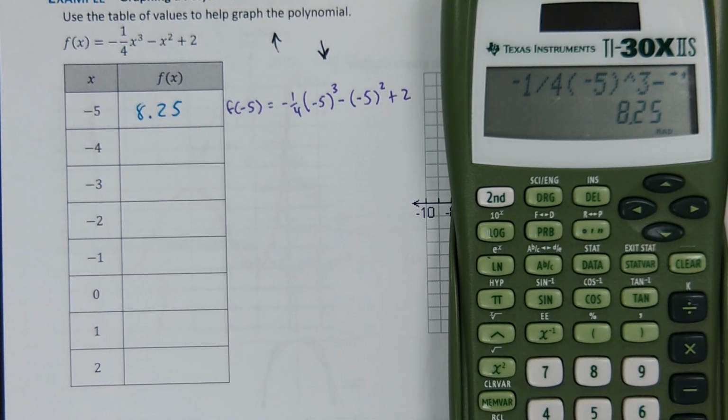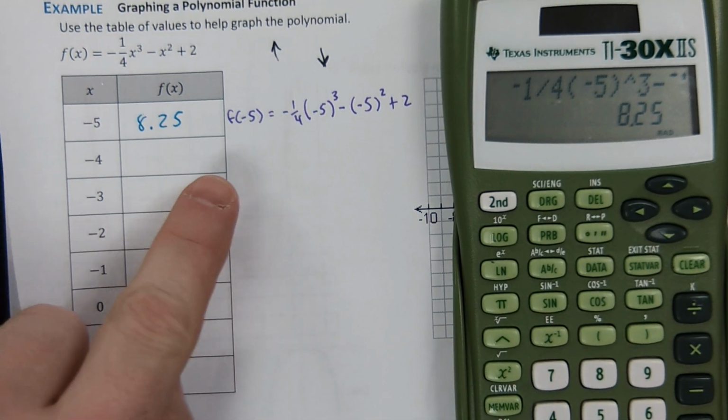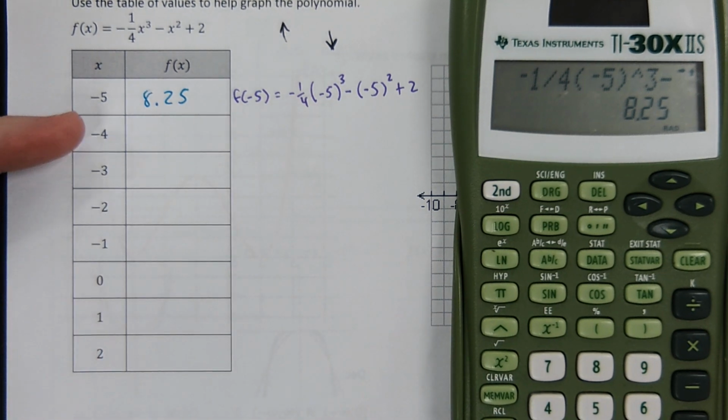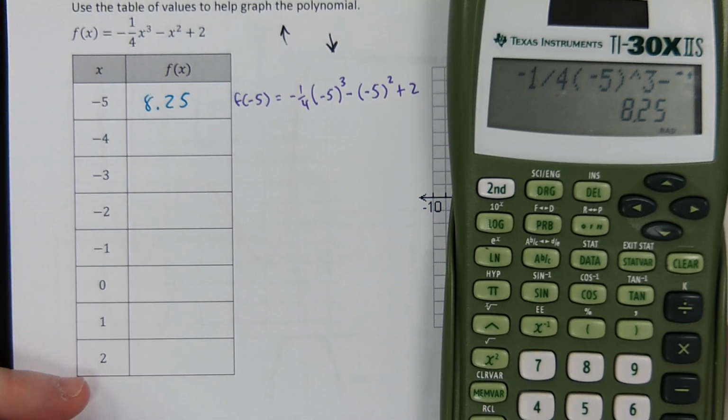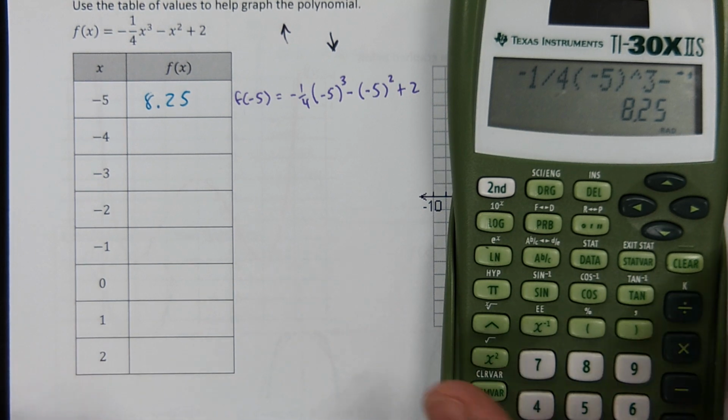We'll plot the dots later. Great. Now, we are going to write this purple statement out for every one of these numbers that's getting plugged in. But I am not going to be retyping it. I'll show you what I mean by that in just a second.